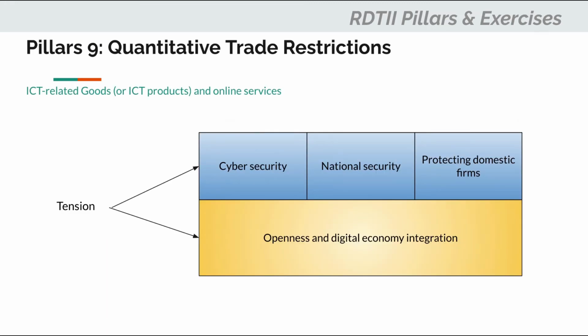Pillar 9 captures quantitative trade restrictions, including all prohibitions or restrictions other than tariffs or taxes that limit the importation and exportation of ICT goods and online services. Some of the measures are in place based on the interests of protecting public order, cybersecurity, and national security.